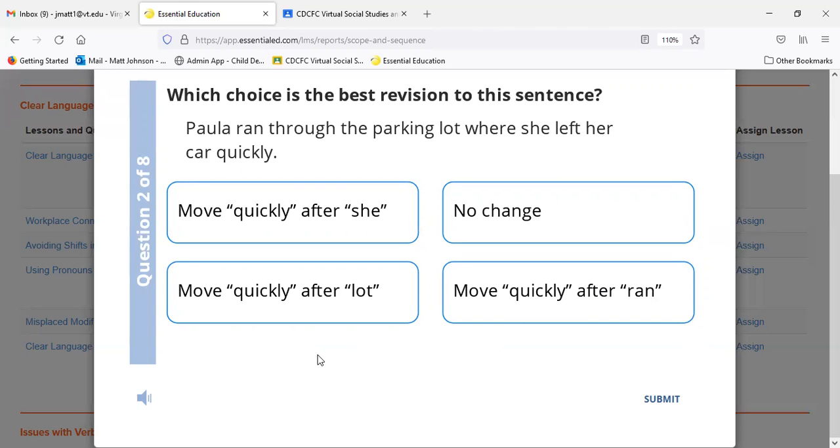So we need to move quickly after ran. So Paula ran quickly through the parking lot where she left her car. That will correct the issue. Move quickly after ran.